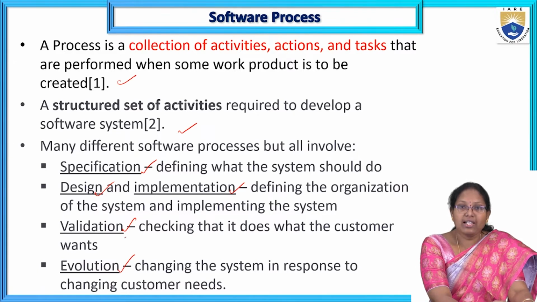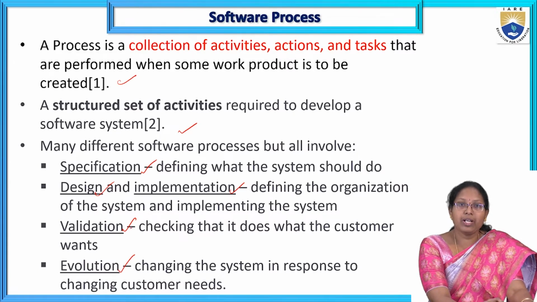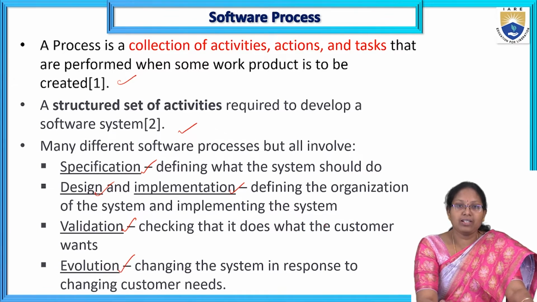Next, validation. After completion of program generation, the next activity is generally validation. Validation means checking that it does what the customer wants, that what the customer wants is satisfied through this implementation or not. Once the validation process is over, then we go for evolution.